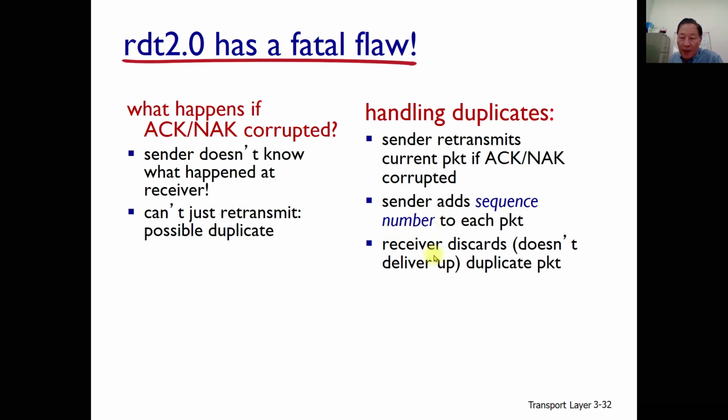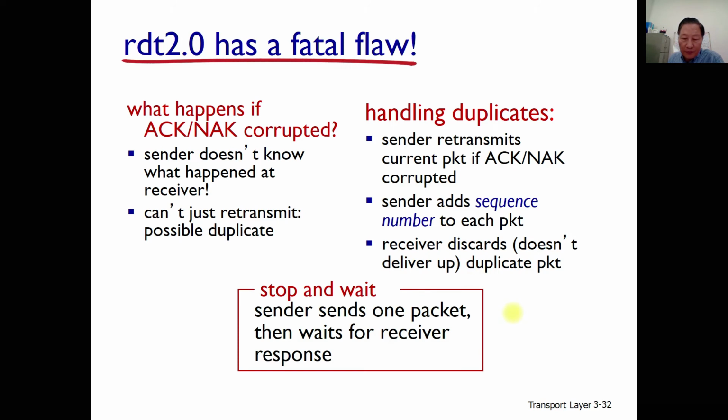The receiver discards the duplicate packet and doesn't deliver it up to the application layer, because the same one was already received successfully. Thus this duplicate packet is not needed.